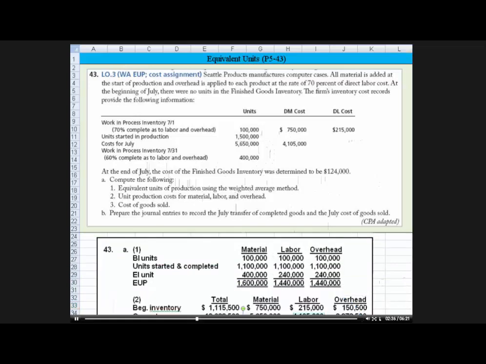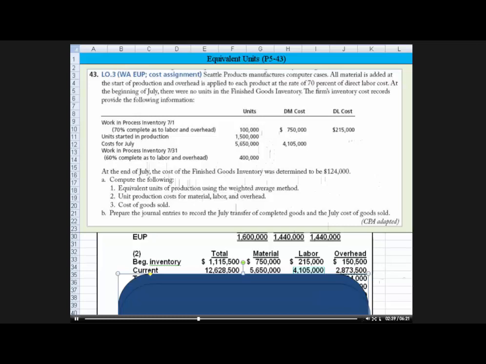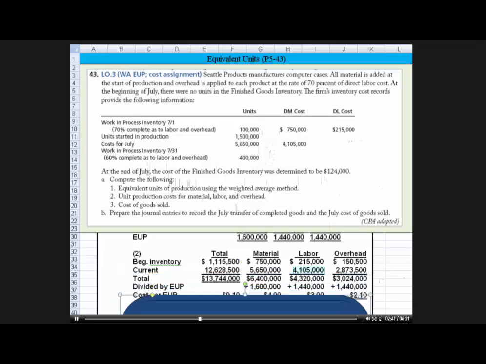All right, B says what are the unit costs? Let's take a look at that and see if we can explain what we're looking at here. Okay, beginning inventory they told us was 1,115,000.